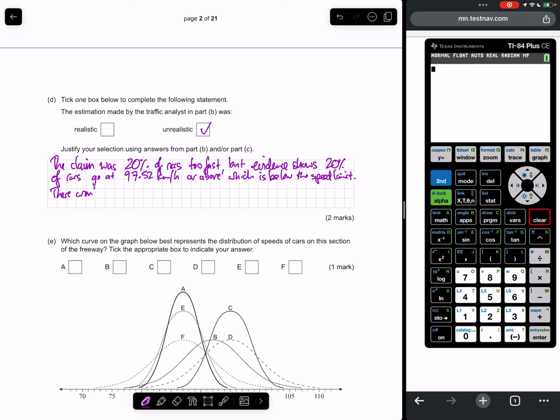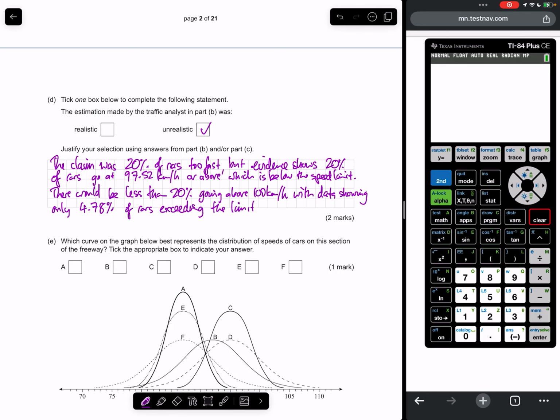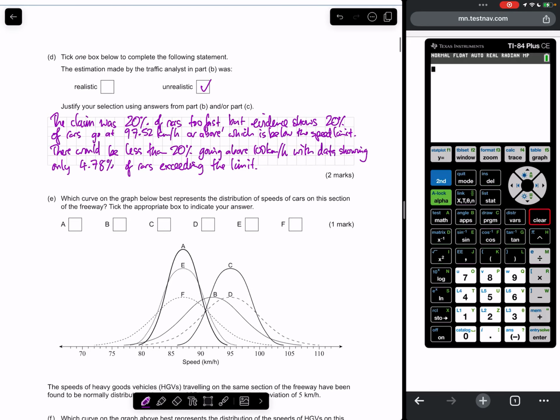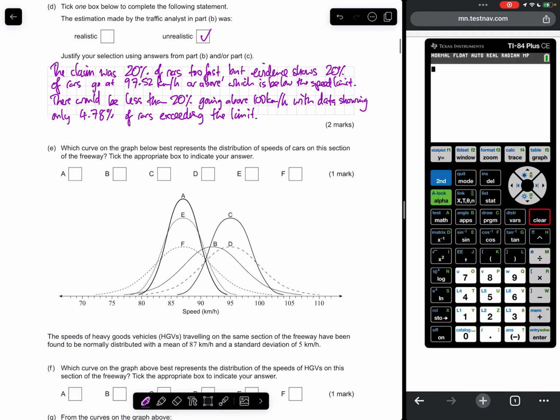There would be less than 20% going above 100 kilometers per hour, with data showing only 4.78% of cars exceeding the limit. Alright, so unrealistic, though there are still people speeding.